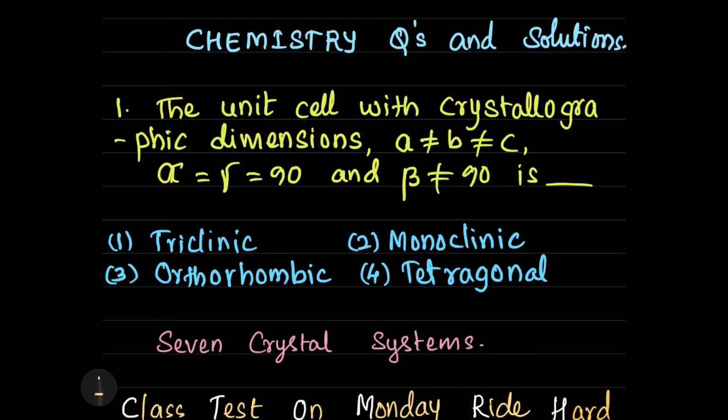The unit cell with crystallographic dimensions a is not equal to b, b is not equal to c, alpha is equal to gamma is equal to 90 and beta is not equal to 90 degree.